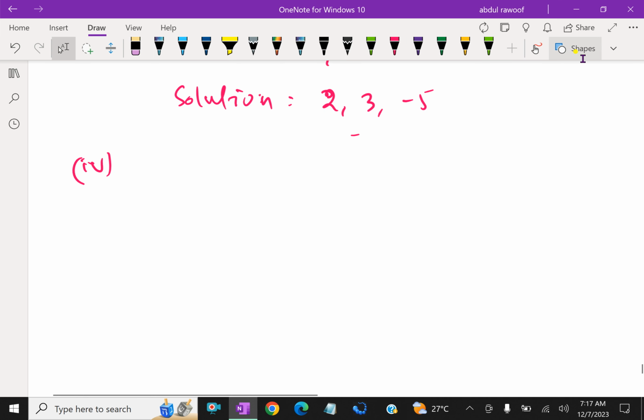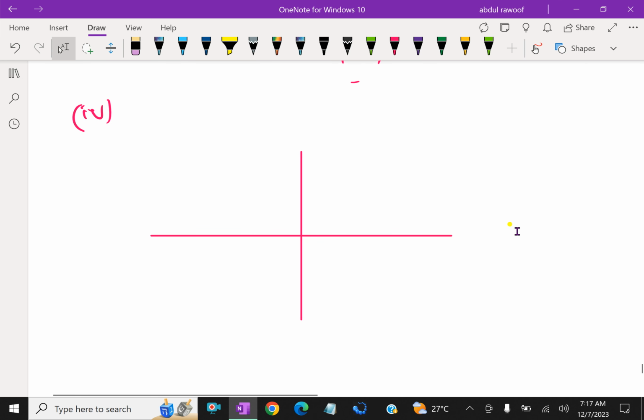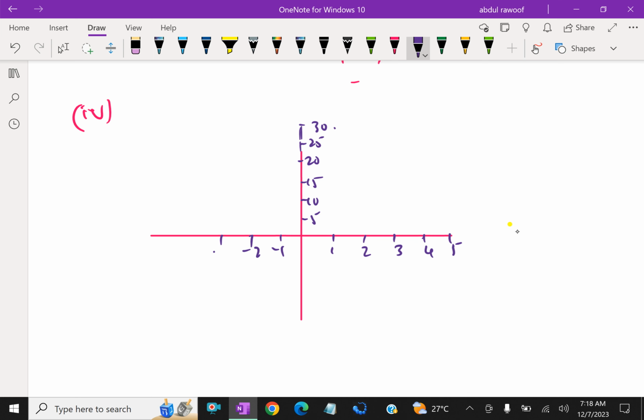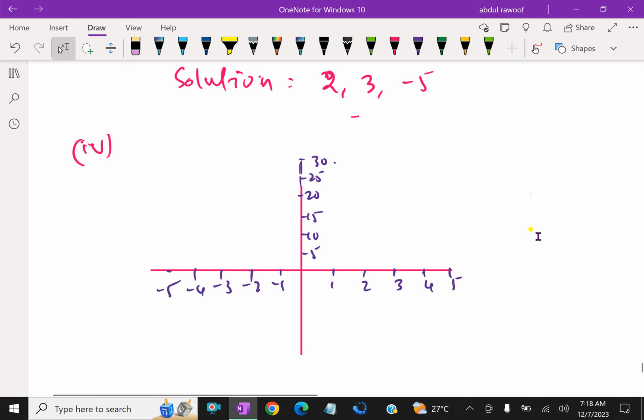You can sketch the curve by using the axes: on the y-axis we have the points 5, 10, 15, 20, 25, 30, and on the x-axis 1, 2, 3, 4, 5, and this side minus 1, minus 2, minus 3, minus 4, minus 5. Look at here, these are the points x equal to 2, 3, minus 5.